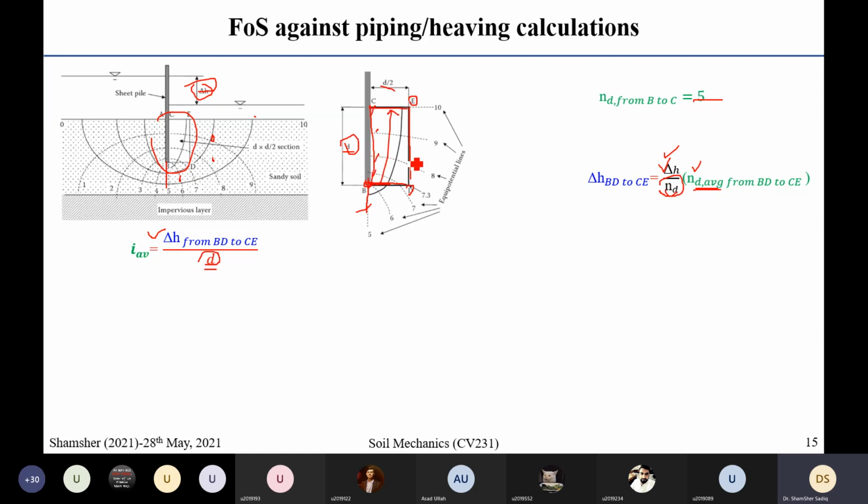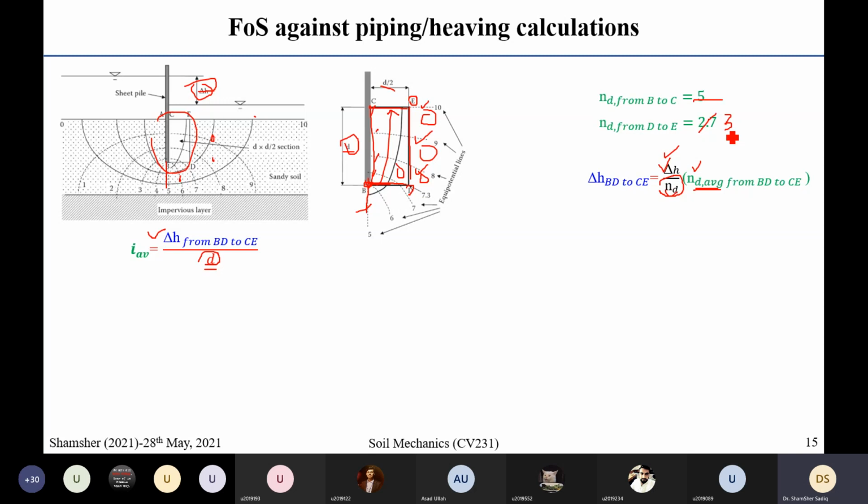So 5 are on this face, and on this one, from D to E, we can say this is 1 equipotential drop, this is 2, and this is 3. You can take 3 equipotential drops instead of 2.7.